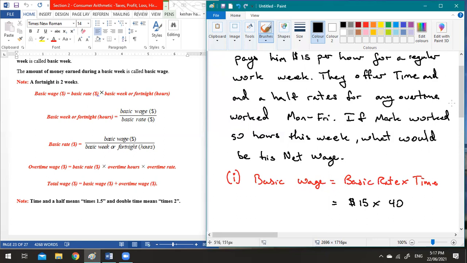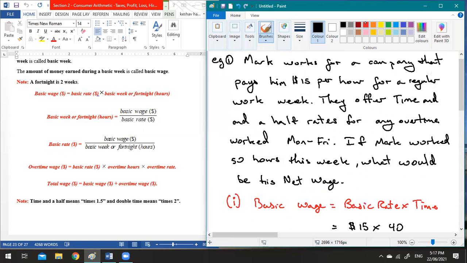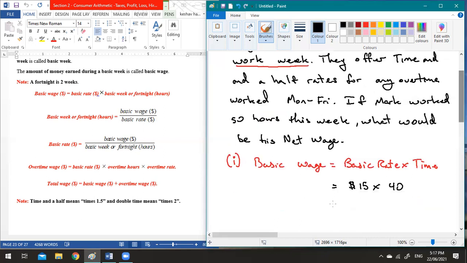Now, they didn't say 40 hours, but by saying a regular work week, you understand that 40 hours is worked. So 15 by 40, if you want to pull up your calculator, it's fine. So $600. On a regular week, you will get $600 a week.